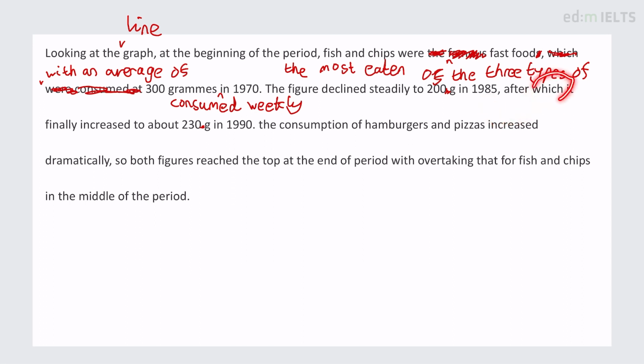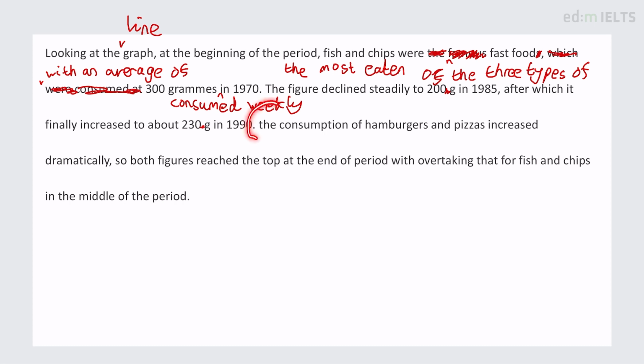So "after" changes to "which." The figure declined steadily to 200 grams in 1985, after which it finally increased to about 230 grams in 1990. So the word "after" we actually put before the relative pronoun.